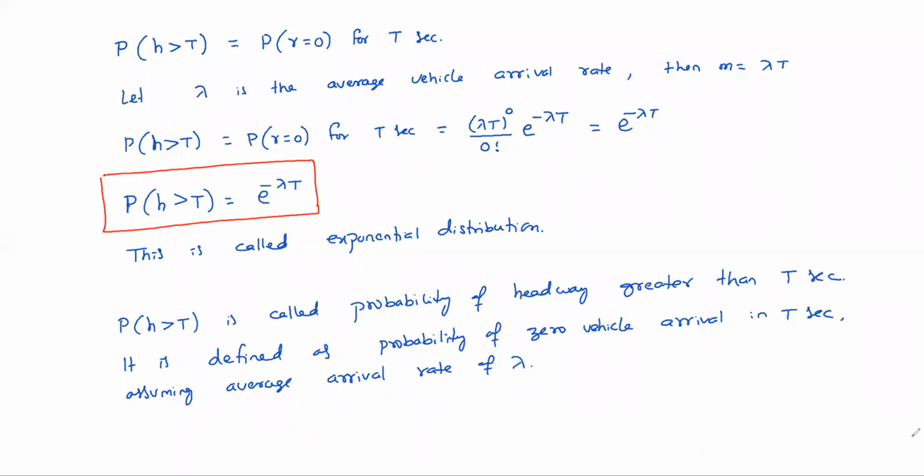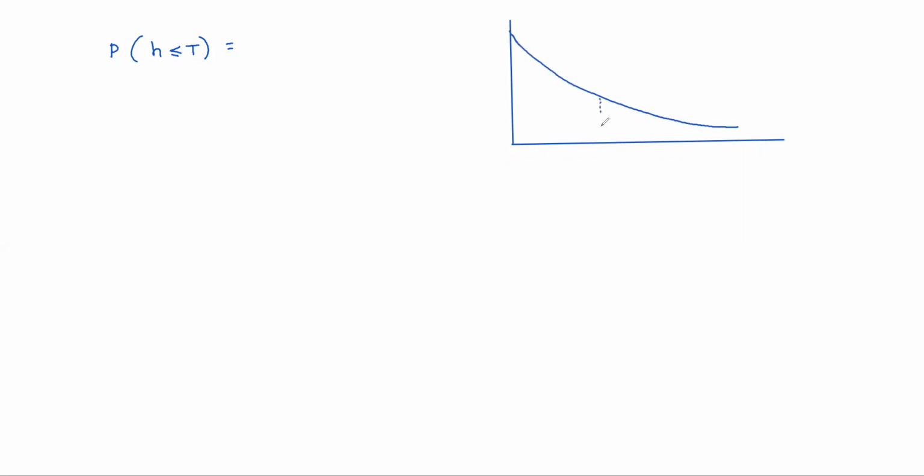Suppose if you want to find probability of h less than or equal to t, then obviously the distribution is like this. Suppose this is time t seconds.